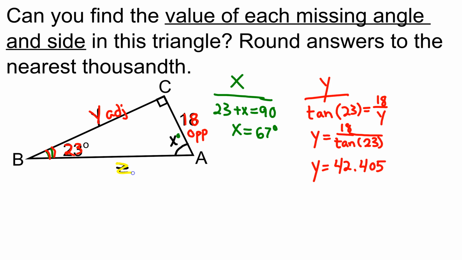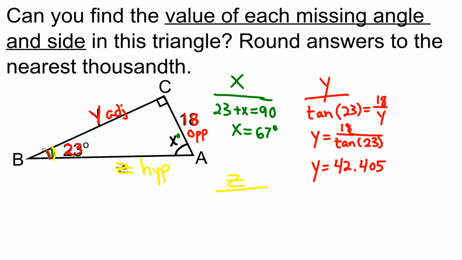And notice, all we're doing is using the pieces that they give us in the problem to solve for the missing pieces. So our third piece, we called it z. So let's set up a little area to solve for z. Okay, so z is the hypotenuse of our triangle.